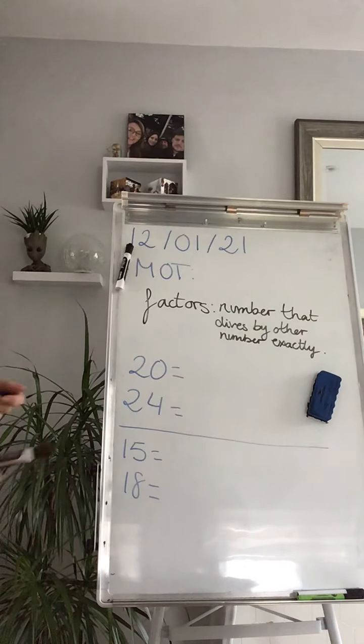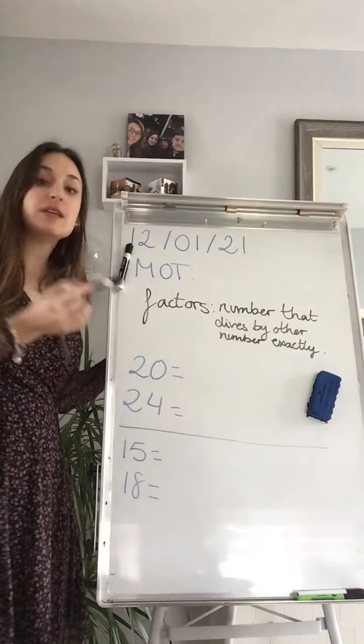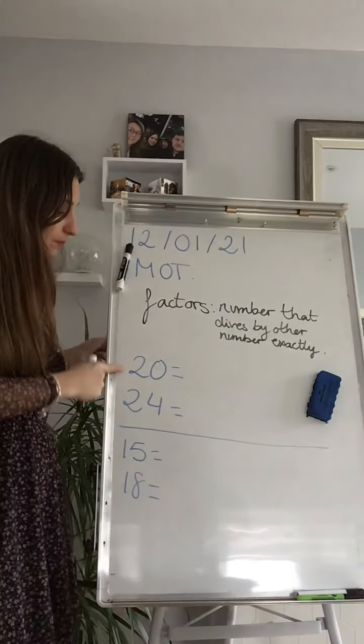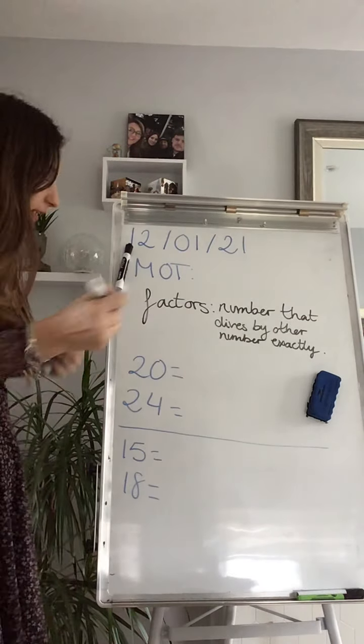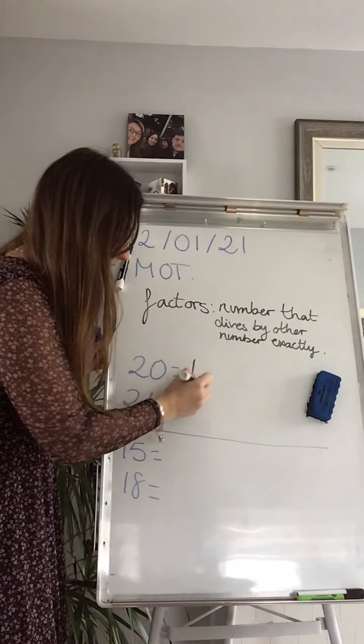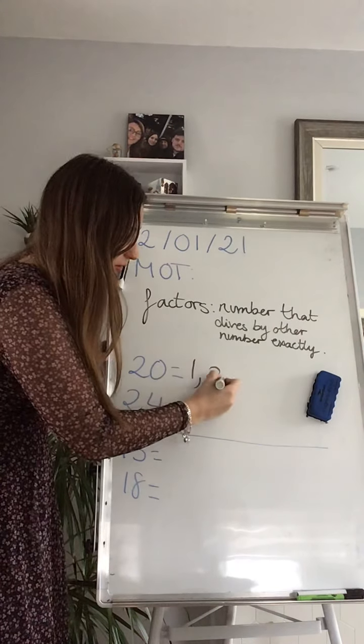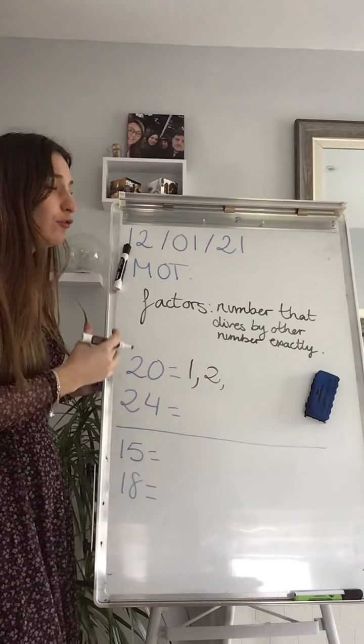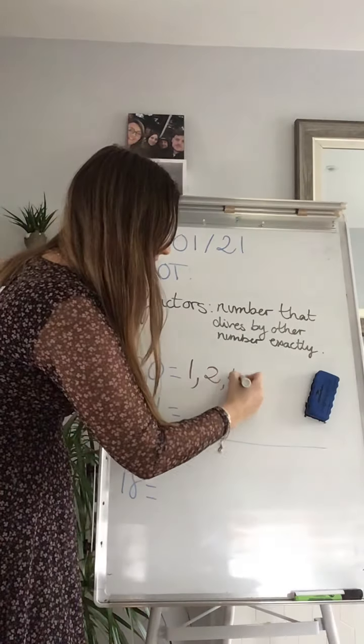So you have to find factors. Again, remember that a factor is a number that can be divided exactly by another number. From 20, I can divide 20 by 1. I can divide 20 by 2. I will get 10. Can I divide 20 by 3? No. 4? Yeah, 4 times 5.